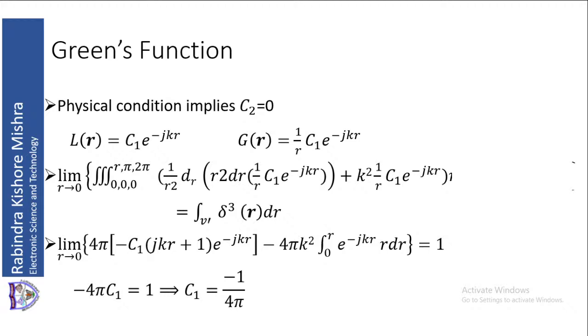Then the first part of the differential equation, as we have already seen, is 1/r² ∂/∂r operating on r² ∂/∂r of 1/r C1 exp(−jkr), that is ∂/∂r operating on G(r) which is equal to 1/r C1 exp(−jkr). Then the second term is k² into G, and k² G is equal to k² times 1/r C1 exp(−jkr).